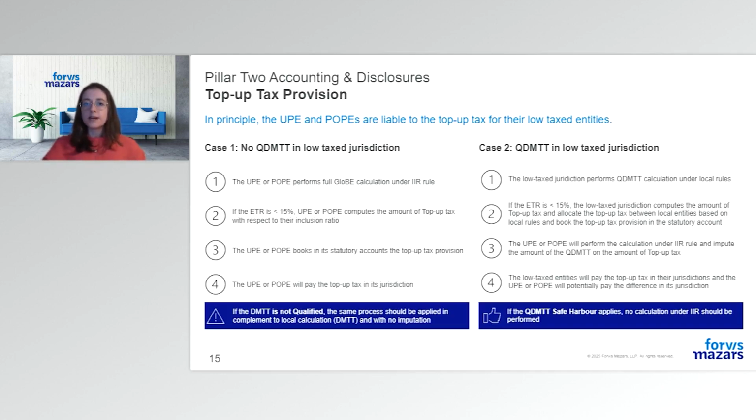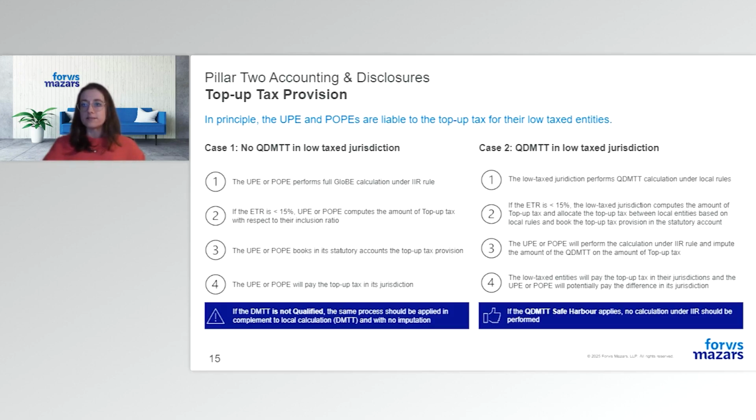But at the same time, the UPE and the POPE will perform the calculation under the IIR rule, and then the amount of QDMTT will be imputed to avoid double taxation to the amount of top-up tax for those entities.